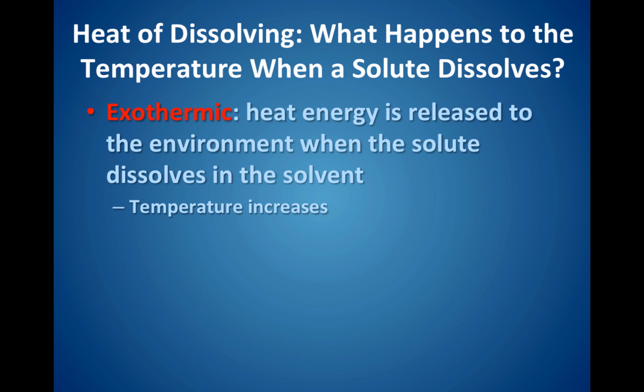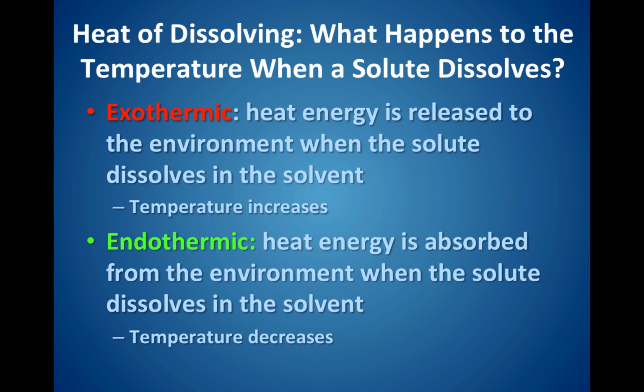Therefore, the temperature increases. Number 2 is endothermic. This is when heat energy is absorbed from the environment when the solute dissolves in the solvent. In this case, the temperature decreases.